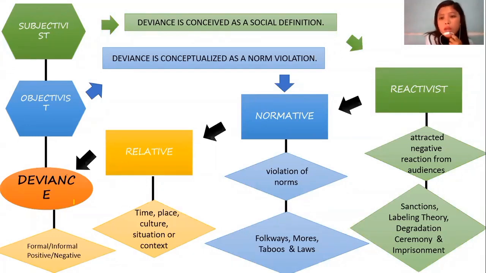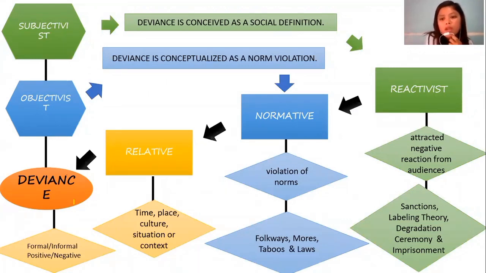So next, we have labeling theory. So this theory premises that labels given to people have a detrimental effect on one's identity or perception, not just of oneself, but also of others. Then we have this degradation ceremony. It is a ritual designed to strip an individual's identity as a member of a society.